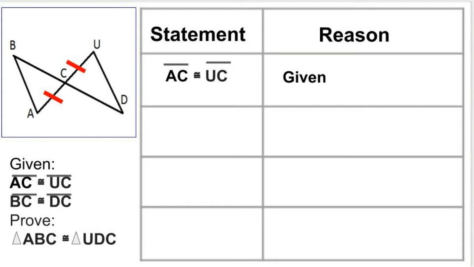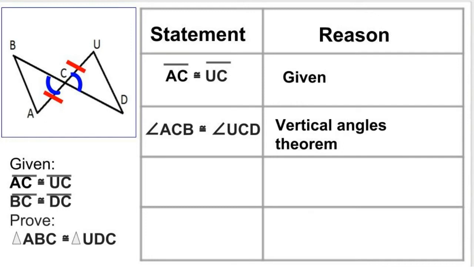In the figure, segment BD and segment AU form vertical angles. And remember that vertical angles are congruent. Our next statement is angle ACB is congruent to angle UCD, and the reason is vertical angles theorem.